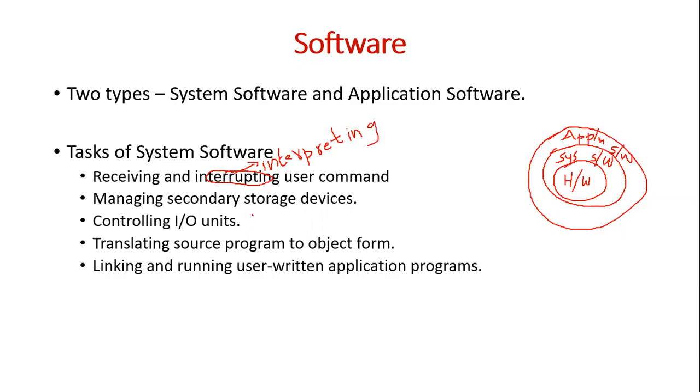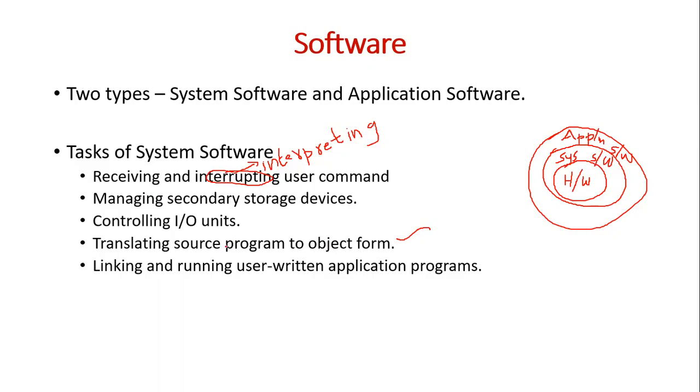Similarly, it manages the secondary storage devices, like storing data into the secondary storage device, or retrieving data from the secondary storage devices. Controlling IO units: reading from an IO unit and writing to an IO unit. Translating source program to object form. When you write any high level language program, before execution it should be converted into object code.